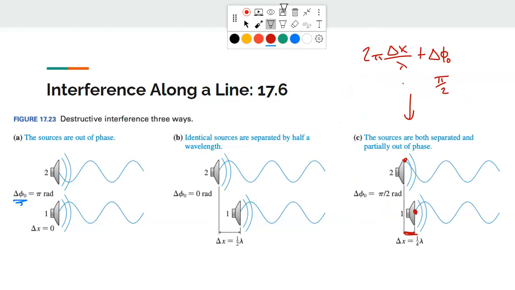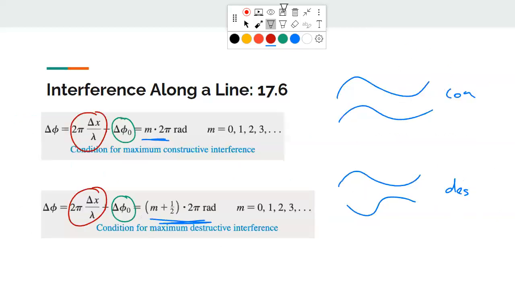So plugging that in, this is another pi over 2. Overall, these are separated by a phase of pi. A phase of pi is going to be one of these 1/2 multiples of 2 pi. I know that's confusing mathematically, but 1/2 of 2 pi is pi. So the odd multiples of pi are the destructive case.